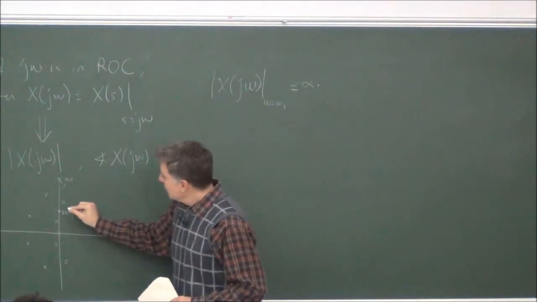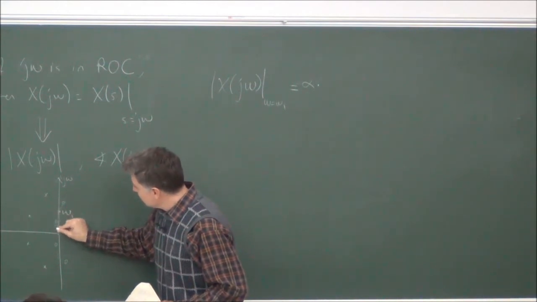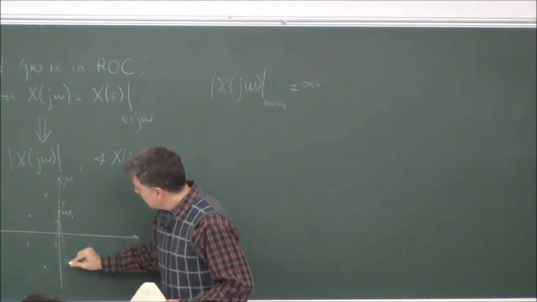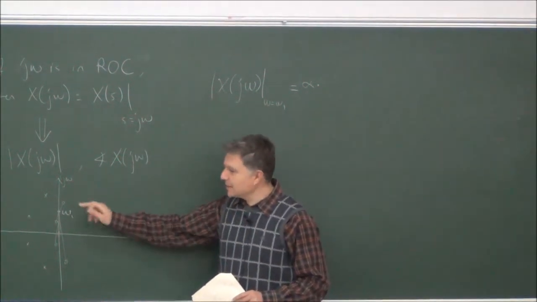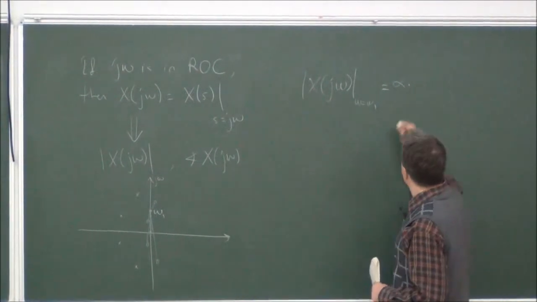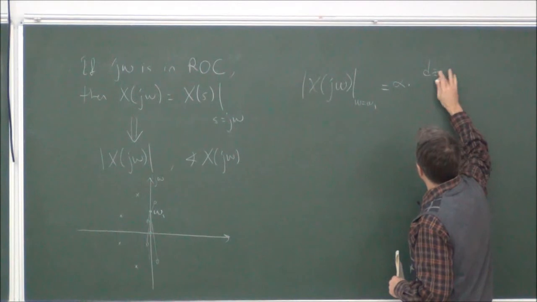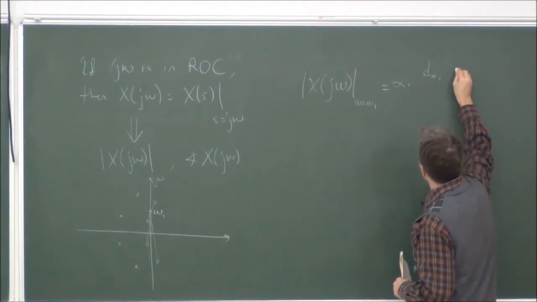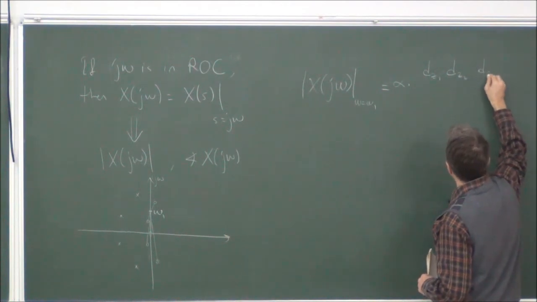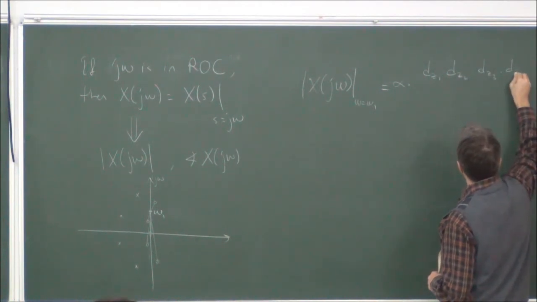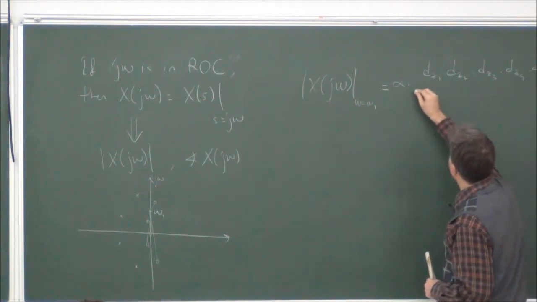You first measure the distances to zeros. How many zeros are there? 5 zeros. So there are 5 distances to zeros, and those distances are indicated by, let's call them dz1, dz2, dz3, dz4, and dz5.